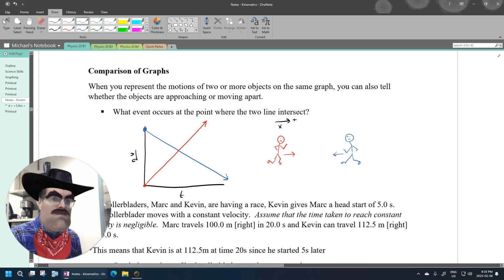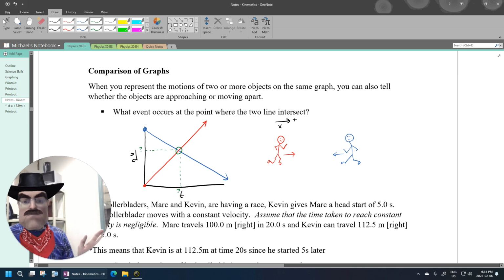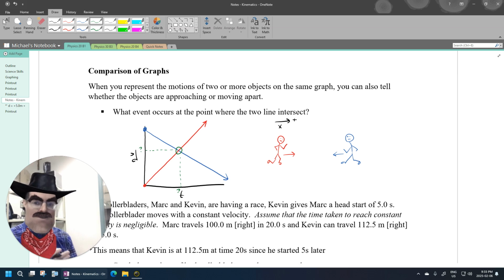What we're going to try to figure out at this point is, when do they cross each other? Either at what position do they cross each other, or at what time, or both. Some kind of system of equations here. We're trying to find some intersection point between the two graphs.